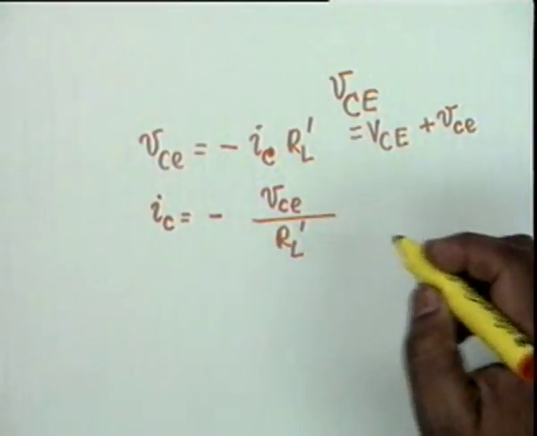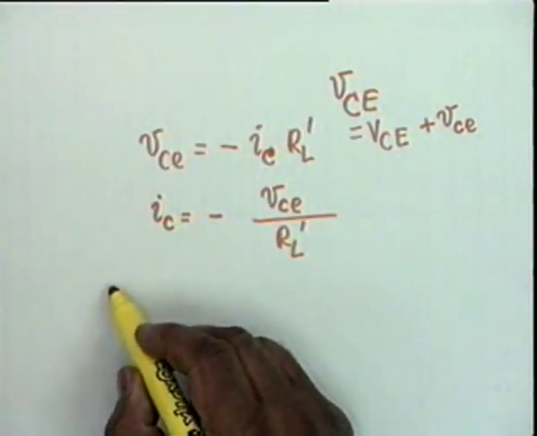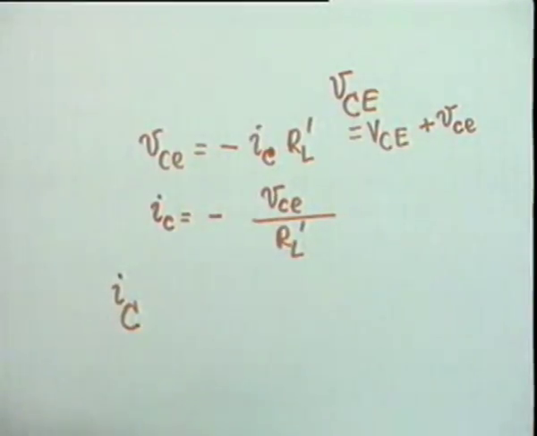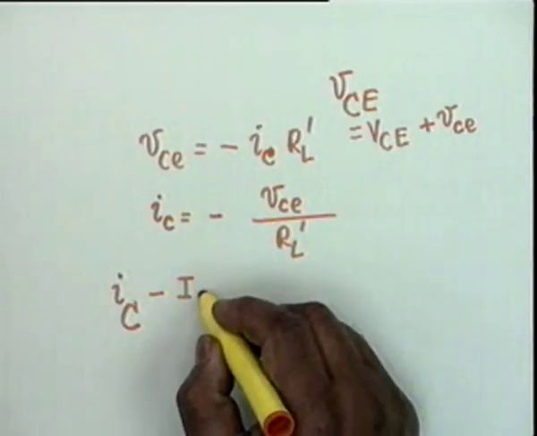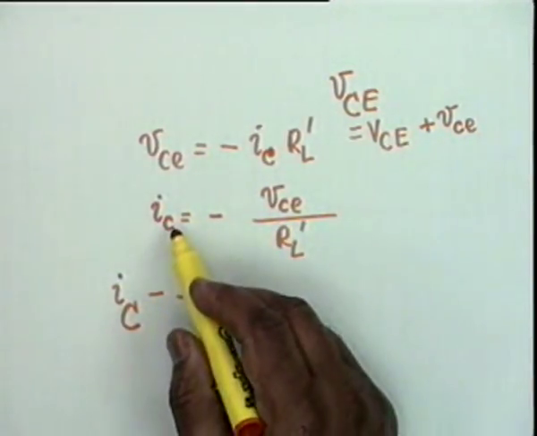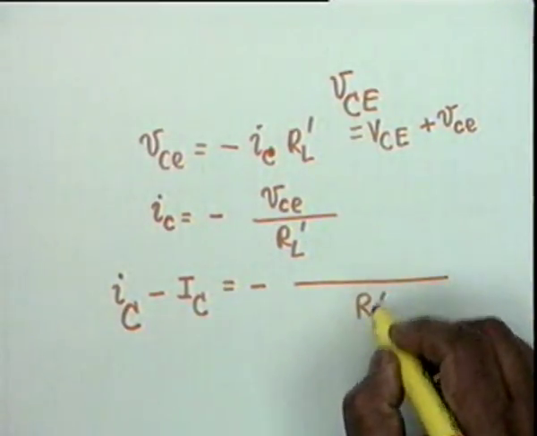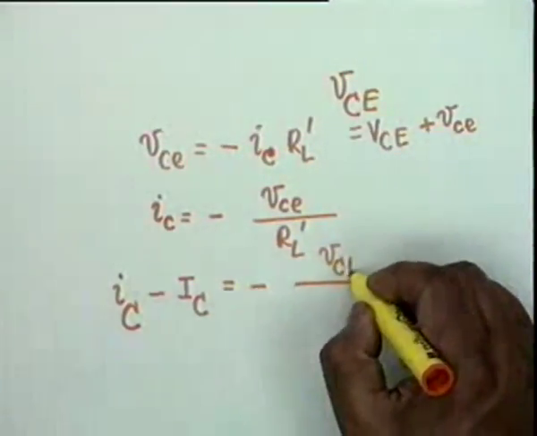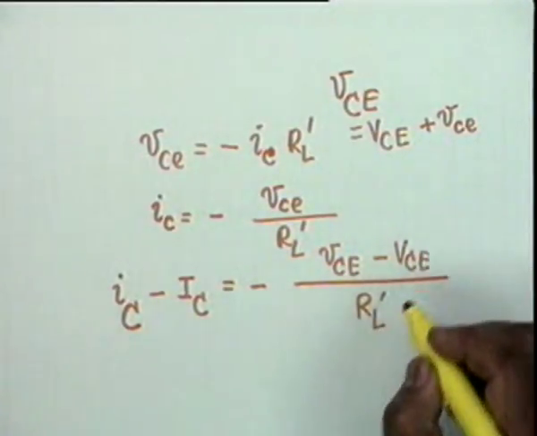In order to bring this into the picture, I write this as capital IC, total collector current, minus capital IC. This is the value of ic, that is equal to minus 1 over RL prime times vce, which can be written as total collector emitter voltage minus VCE.